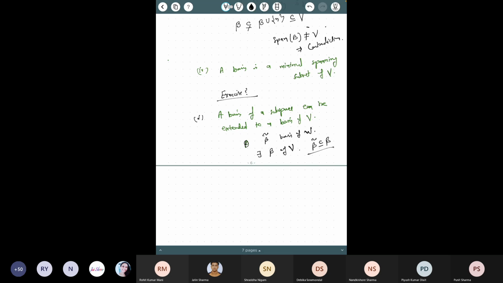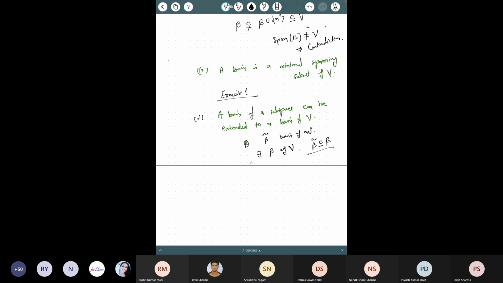That is what I mean by saying that B tilde can be extended to a basis B of V. Okay. So a basis of a subspace can always be extended to a basis of V.